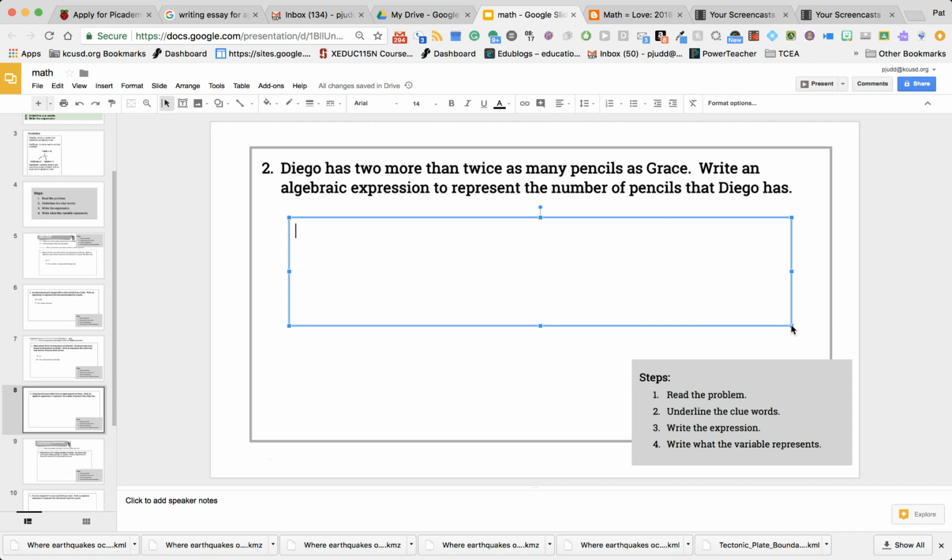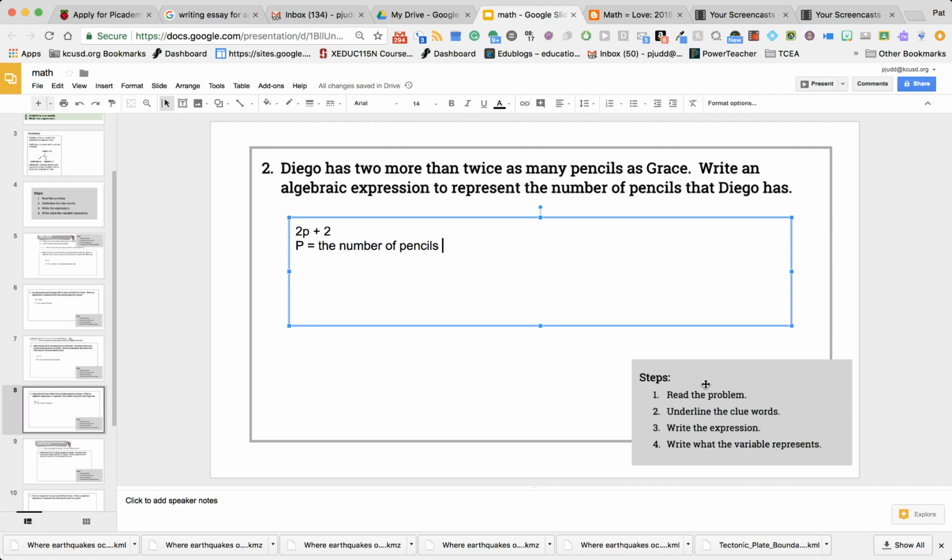Go. Okay, and I'm willing to bet your answer looks something like 2p plus p, where p equals, or represents, the number of pencils that Grace had. Okay, good job.